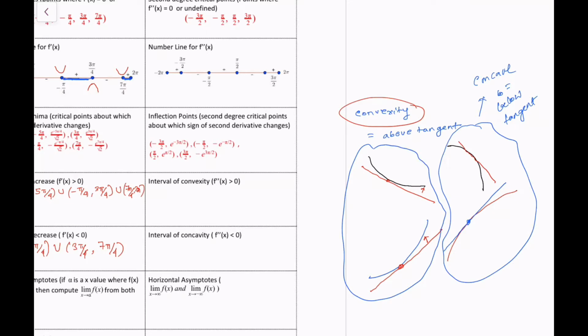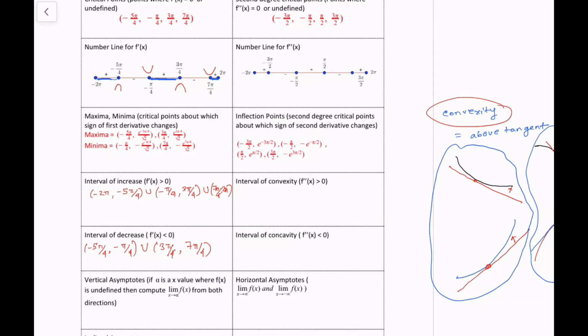Alright, now coming back to this chart, we have to find the interval of convexity. Now you might be wondering, why would the second derivative be involved in these situations? That is of course part of the concept lectures, which we cannot really discuss here. But convexity would mean that the second derivative is necessarily positive.